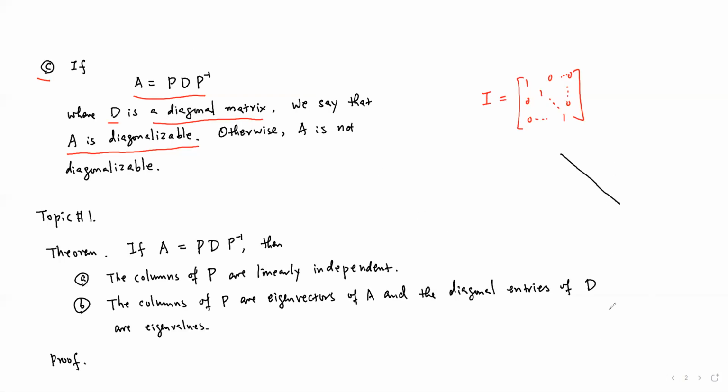Here, let me suppose the matrices A, P and D are M by N. P is M by N, so P has N columns, up to the last column. Now, how to see the columns are linearly independent?